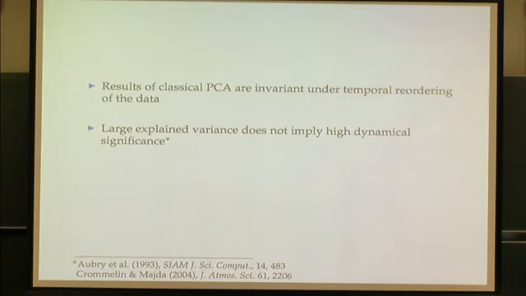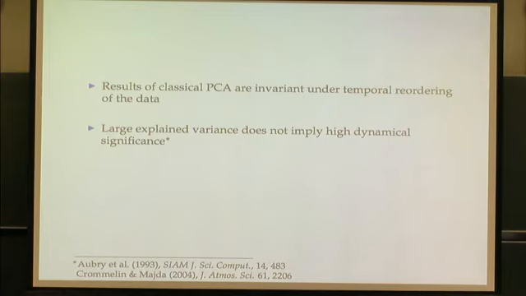The other potential shortcoming, which has been demonstrated in various contexts in the literature, including work by Dan and Andy, is that the patterns that arise from PCA, these empirical orthogonal patterns, are not necessarily the dynamically significant ones, even though they optimally capture variance of the signal.